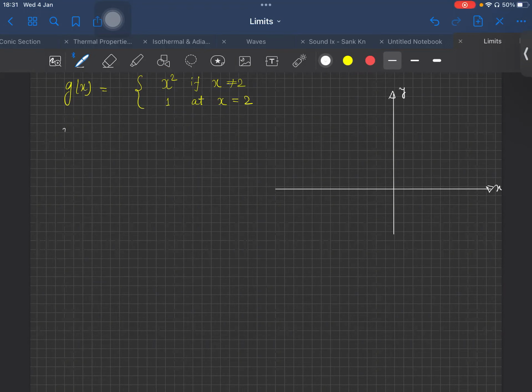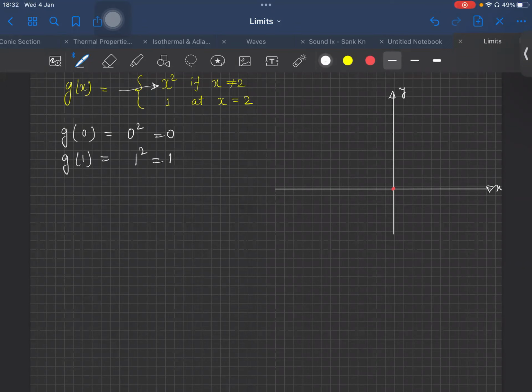Substitute g of 0. If you put x is equal to 0, which function will it follow? It will follow x square, because everywhere it is x square. So 0 square, that is equal to 0. So at 0, the value is 0. At 1, g of 1 will be equal to 1 square.